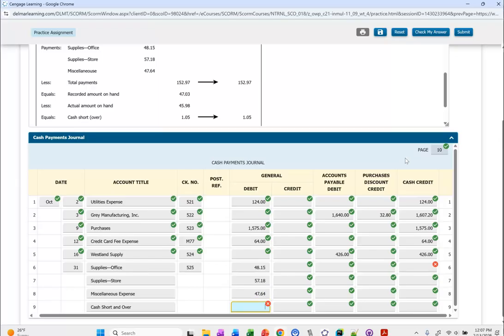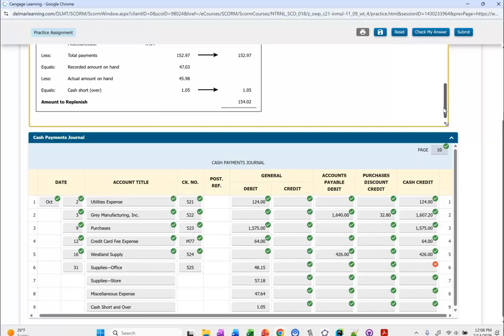And because it's an over, I have a debit of $1.05. So my total payments, what do I need to replenish then? $154.02 was the amount in total that I replenished.